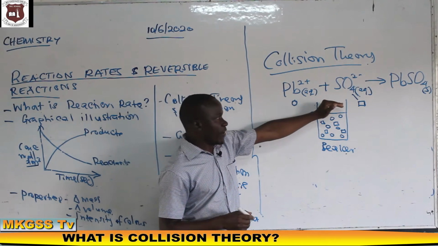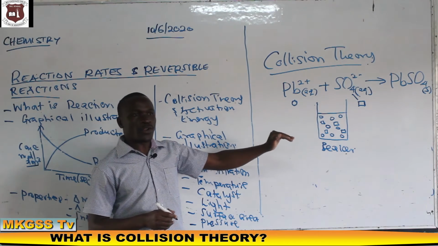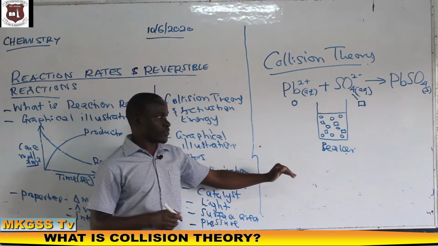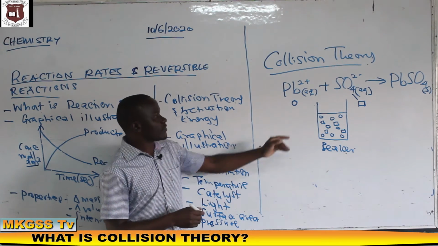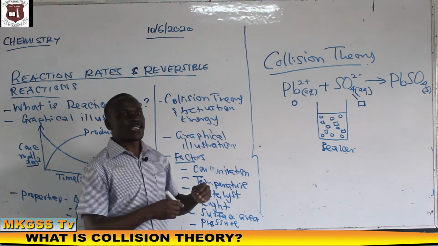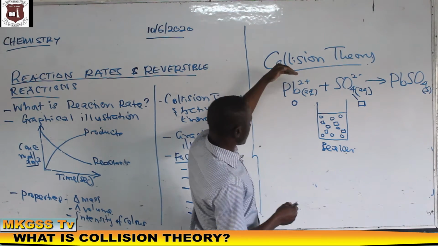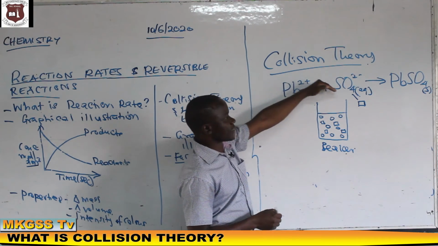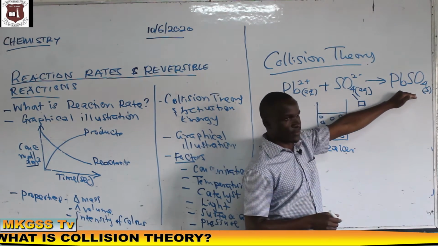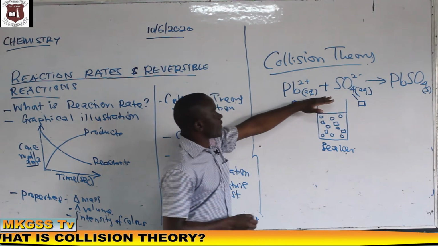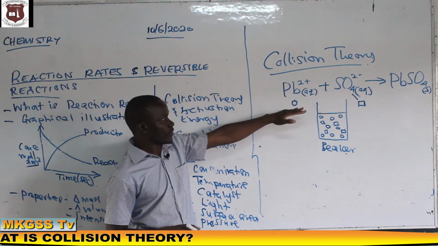So, the collisions which do not form products, we call them unsuccessful collisions. While collisions of particles which result in the formation of products, we call successful collisions. So in this case, the lead two ion and sulfate ions can combine to form lead sulfate. This reaction is considered a successful reaction.